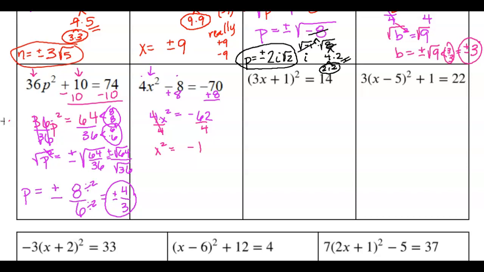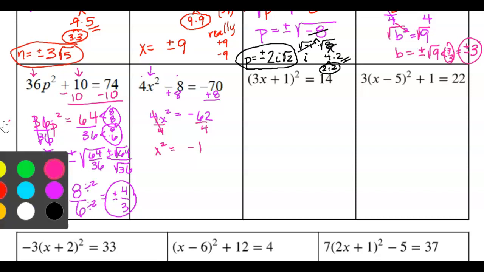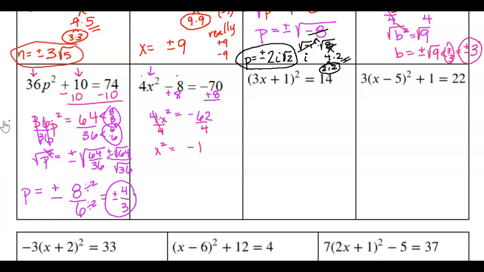You can use a calculator to do this. So it goes in 1 time, and not nice. So I'm actually going to erase this. Since it's not even, I'm just going to reduce this. So if I divide this by 2 and divide this by 2, I get -31 over 2.